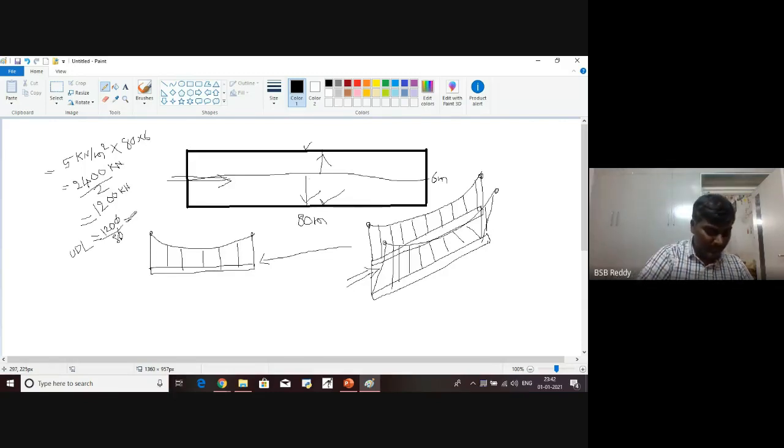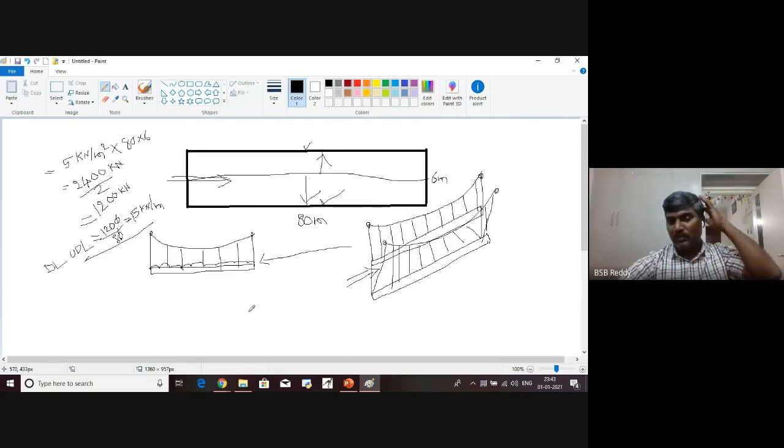Let me tell you the value: 15 kilonewton per meter. 15 kilonewton per meter is the UDL onto this girder. This is from dead load, for full span. So this is full span dead load.